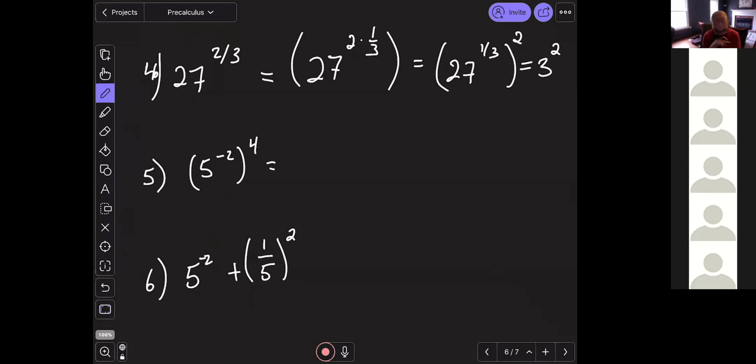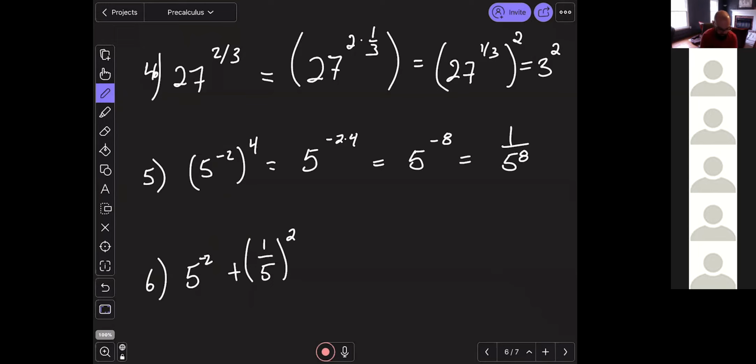To continue on here, there's a few ways. We could think about this one. I would view this as 5 to the, I would multiply 4 and 2 together. That's one of our rules. So we'd have 5 to the -8, which we can also write as 1/5 to the 8th. All of these would be equivalent expressions.